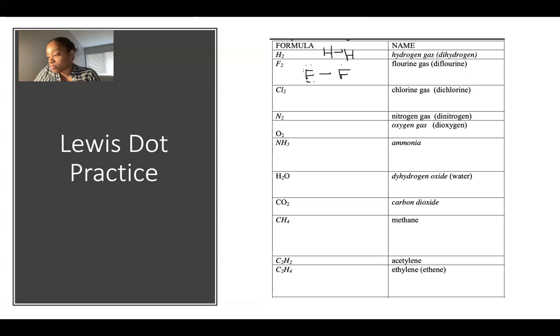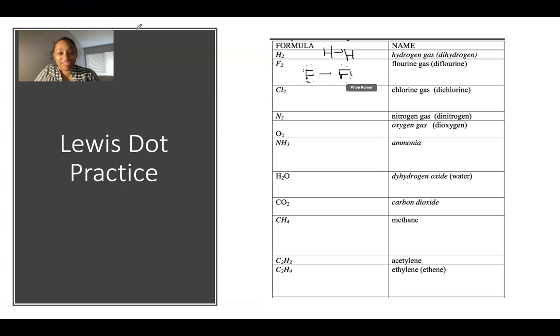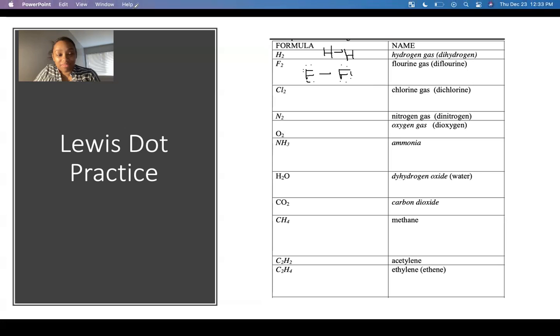It's probably really messy. Okay. All I want to know is to see that you're able to do it. I think that's it for fluorine.